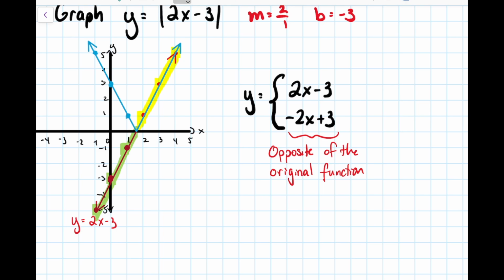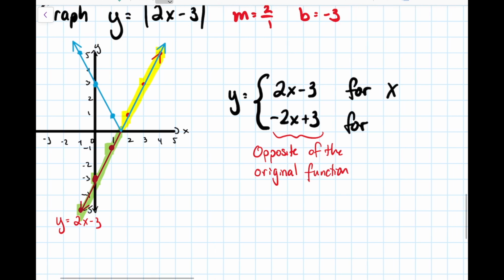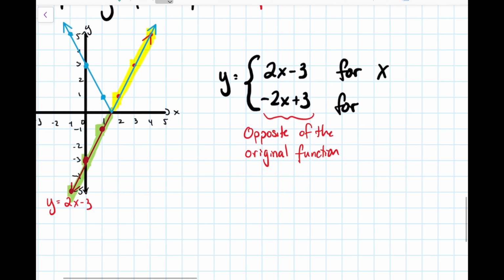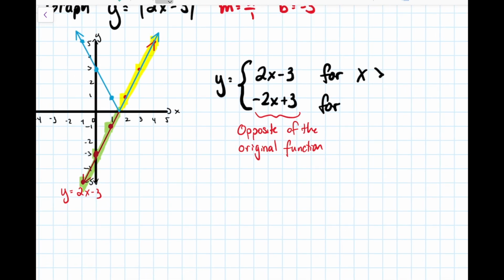And now we just need to talk about our domain and our range here. So for the first bit, we want the x values that are to the right of our x-intercept, which was at, well, we don't have a clear point, but that is going to be at 1.5. So we want all the x values that are greater than or equal to 1.5. And that's the part that didn't change.